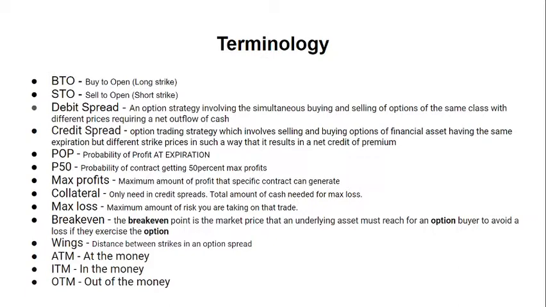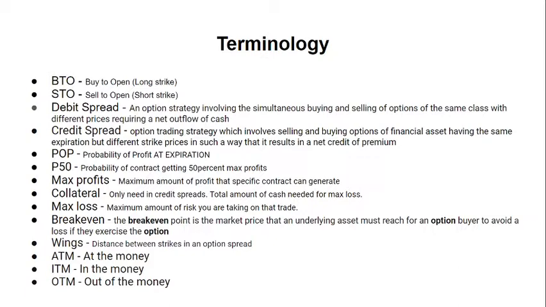A credit spread is the opposite. It's an option trading strategy involving selling and buying an option of a financial asset having the same expiration but different strike prices. Let's say you sell to open a 90 and then buy to open a 95 call, or sell to open a 70 put and buy to open a 65 put.